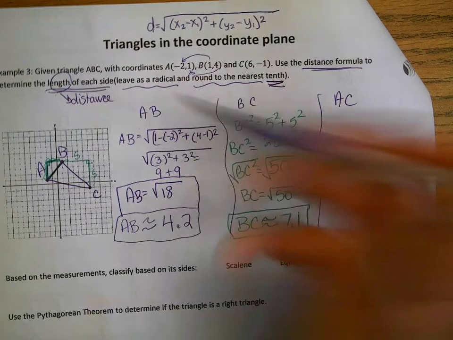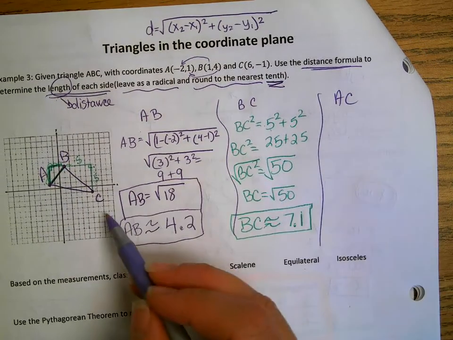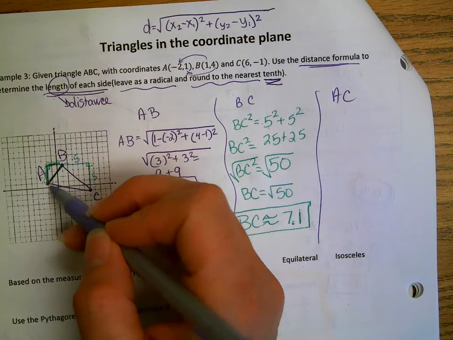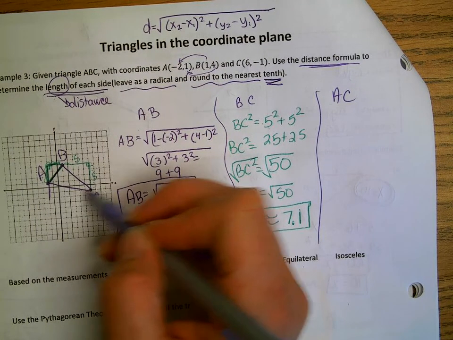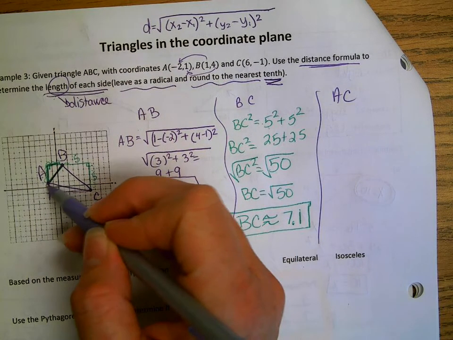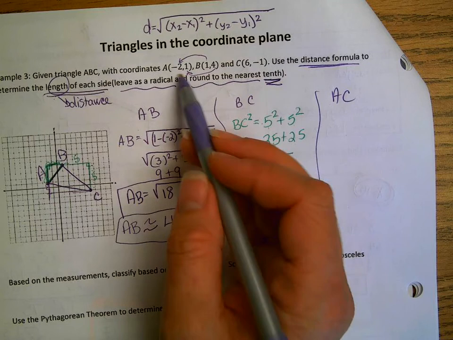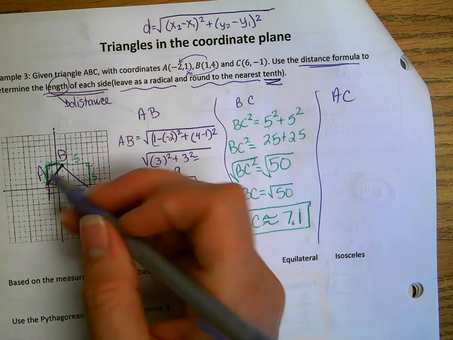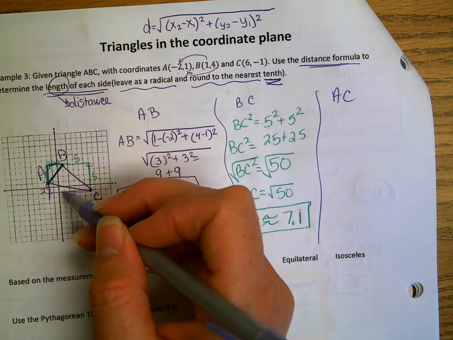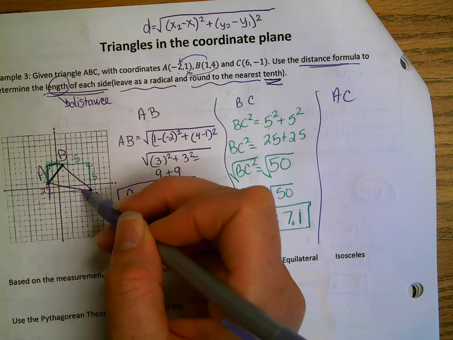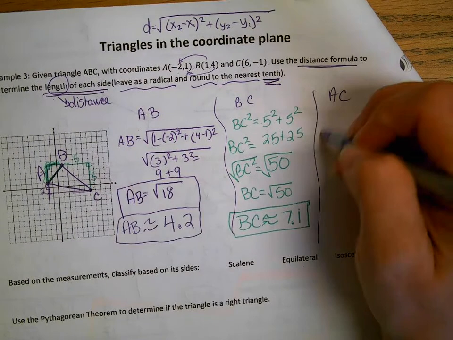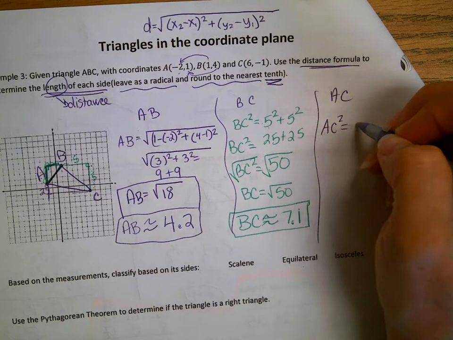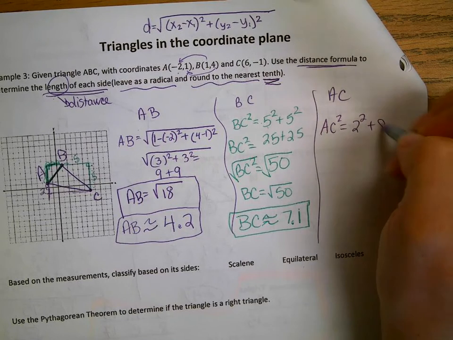And last but not least, from A to C, and this is where I'm going to use the Pythagorean theorem to help me again, I'm going to go down and over. So that's down, it looks like 2 boxes from A to C. And across 1, 2, 3, 4, 5, 6, 7, 8 boxes. So AC squared equals 2 squared plus 8 squared.